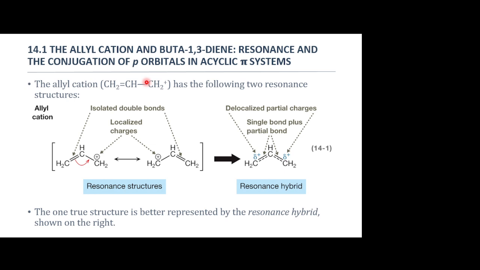Okay? What is that going to do to the stability of that carbocation? Increase it. What happens when you have more resonance structures in general? Yeah, it makes it more stable, lower energy, right? Okay. This is actually a nice thing to keep in the back of your head.